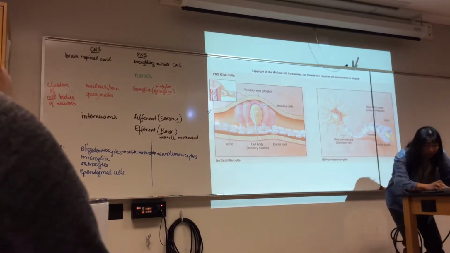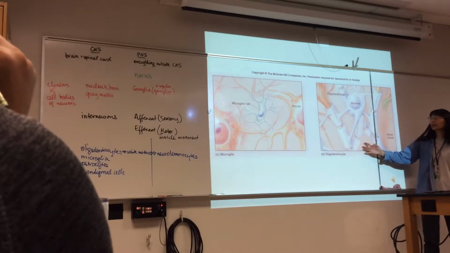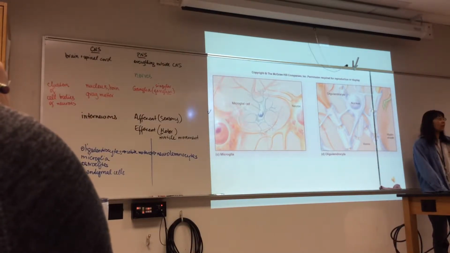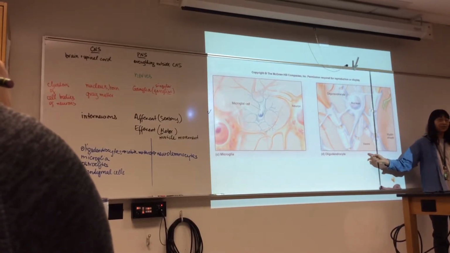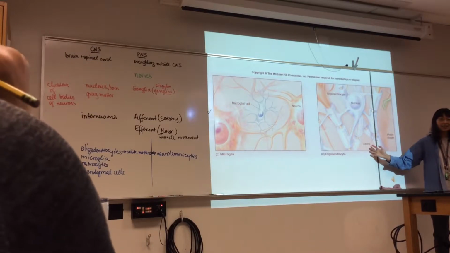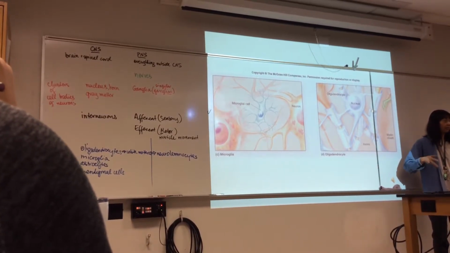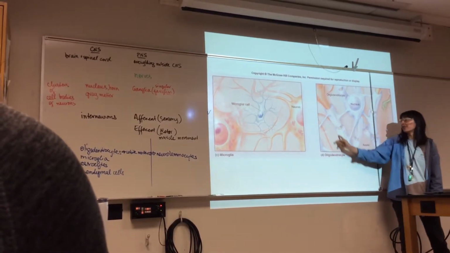Let me show you the other picture. Whereas an oligodendrocyte, how is it different? Multiple axons for one oligo. See the difference? They're both doing myelination around the axon, yes? And the yellow thing is an axon.